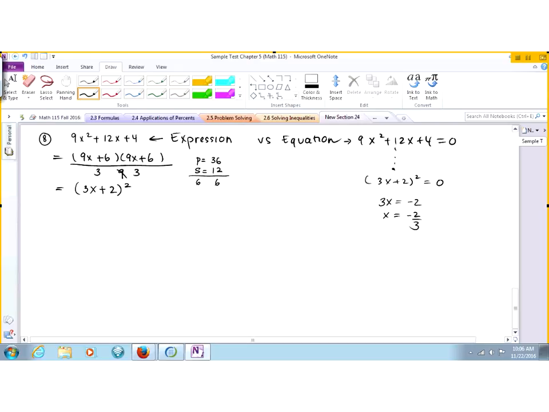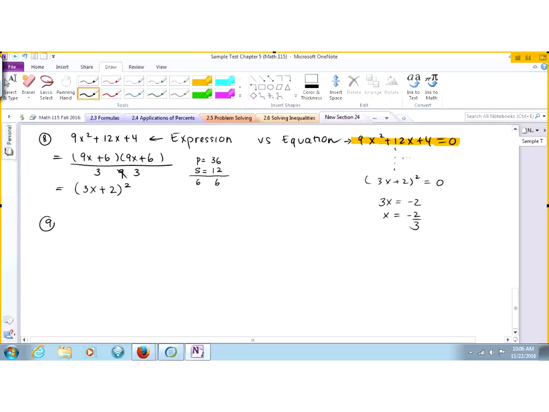Did you see the difference? What is the difference? This is an equation, so you have to solve. Is this an equation? No, so you're done here. So don't get mistaken. This is an equation. This is an expression.